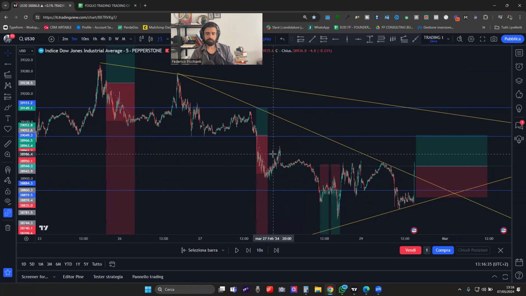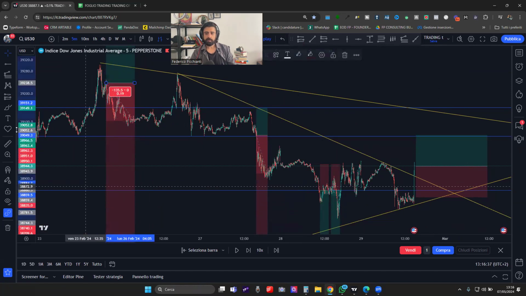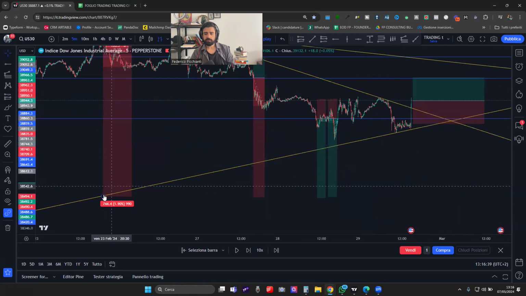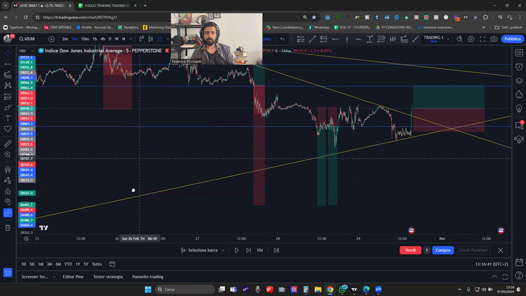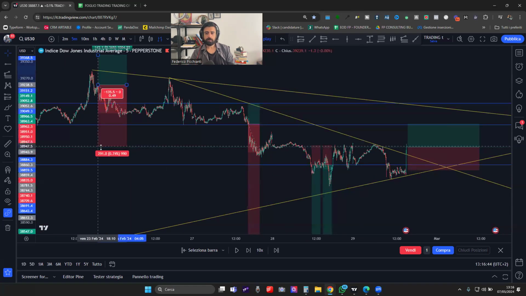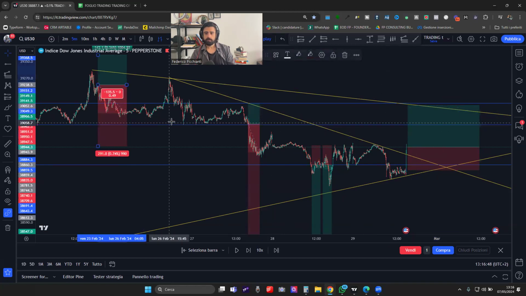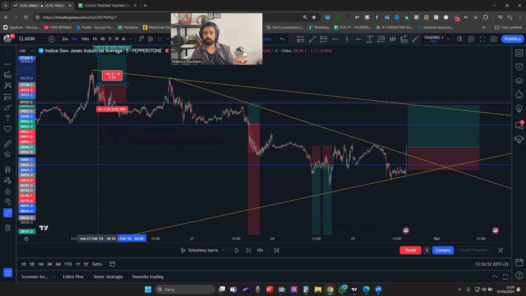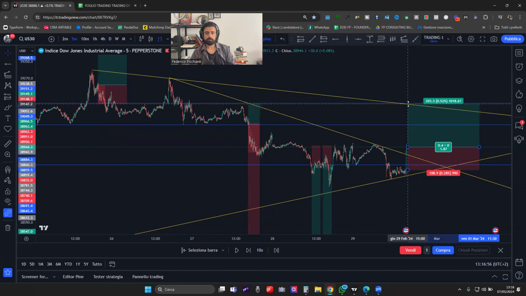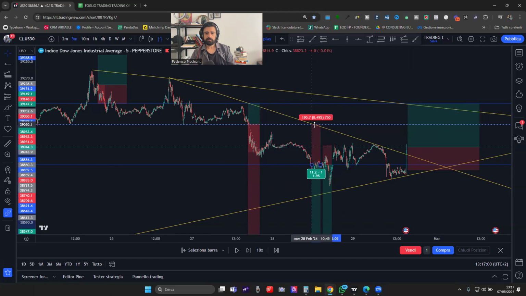Now, in order to make back my money, I will have to see this trade actually going back up from here to probably here. If this one actually does, I can close this one here, obviously, and I can make a profit here. Yes.